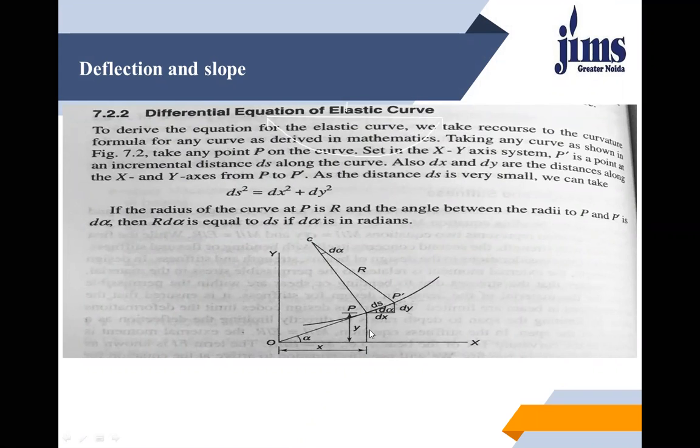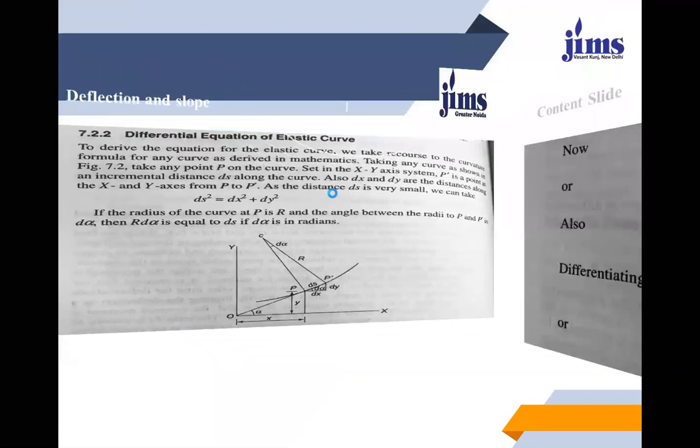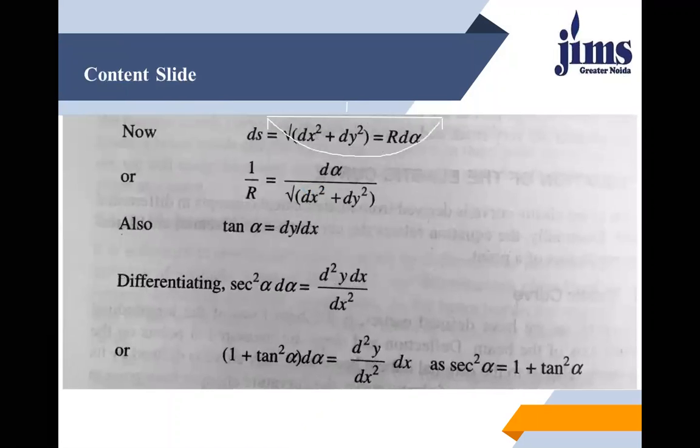If P is at distance x and y, then P dash is dx and dy distance apart from P. That is a very small distance, so ds is taken as linear, and ds square is equal to dx square plus dy square.